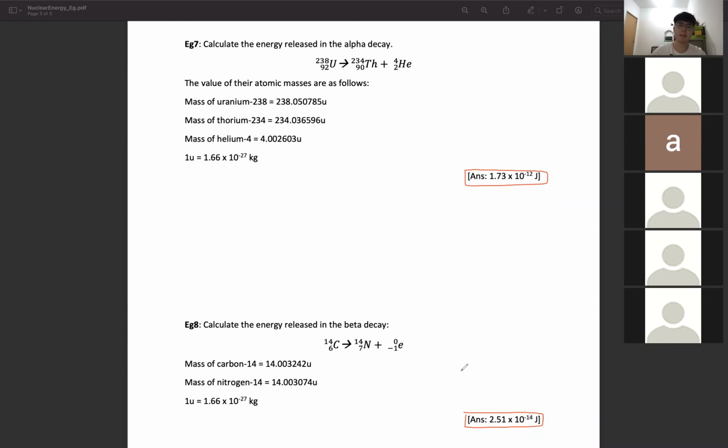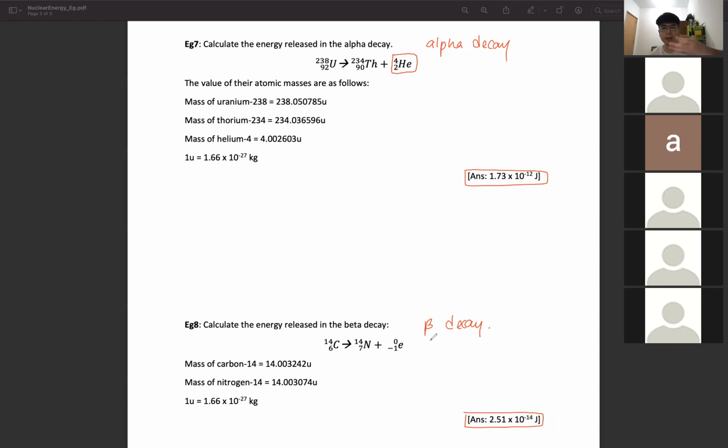Seven, what decay is that? This one is alpha decay, right? You see the nucleus of helium 4,2. This is alpha decay. What about this one? You see, plus e. This is beta decay.